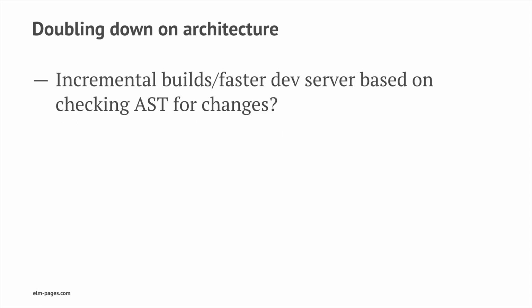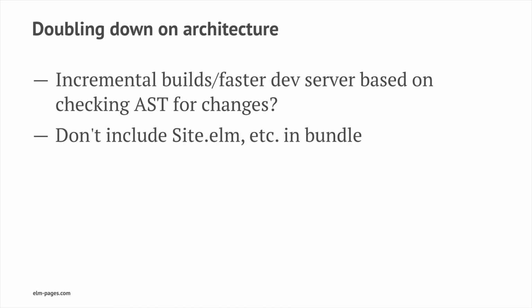Doubling down on the architecture, what could we do down the line? Incremental builds, faster dev server. We could even check if the AST has not changed around DataSource or any of the dependencies for your data source for that page. We could do some interesting things on the dev server or in incremental builds around that.